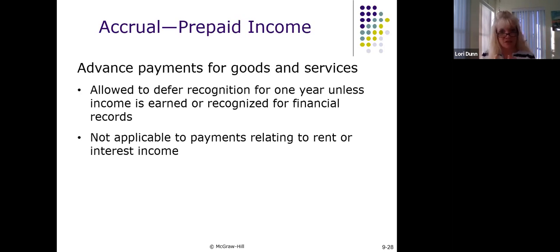This little exception does not relate to the prepayment of rent or interest. So if you're an accrual basis taxpayer and you receive money early for rent or interest, show it in the year it's received, even though you're an accrual method taxpayer.